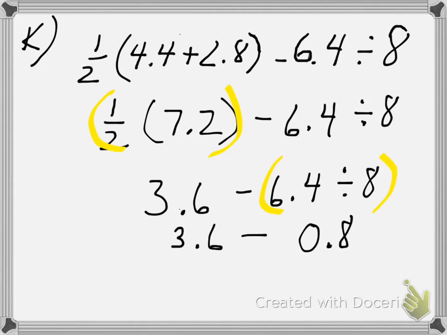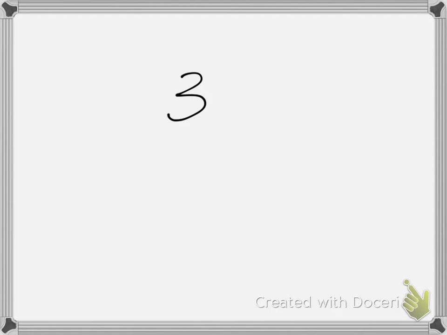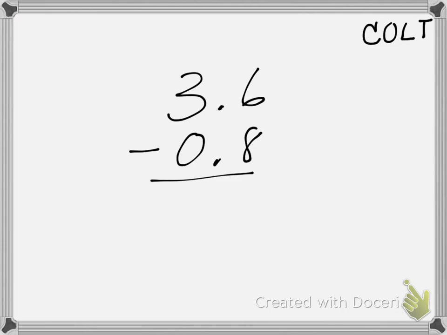So now we're going to do 3 and 6/10 minus 8/10. Once again, this is combining only like terms when we add or subtract. So we simply line up our decimal points and we do our tenths and our ones. And then we just do this 36 minus 8.